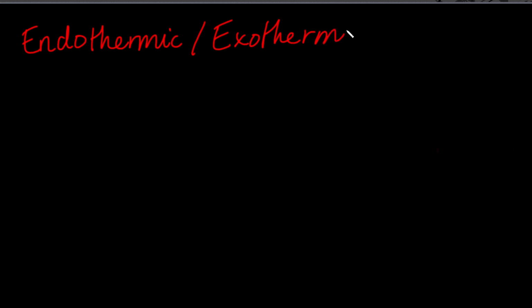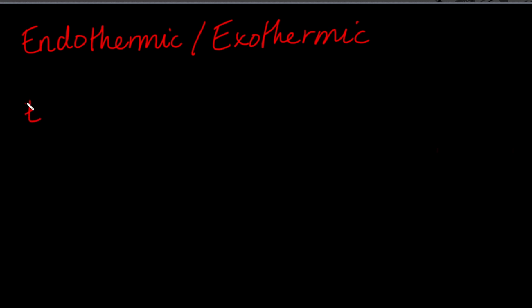Okay, so now that we've introduced enthalpy and the conservation of energy, we can now begin to discuss endothermic and exothermic reactions. So the first question that we're probably going to discuss is, well, what are endothermic and exothermic reactions? Well, the names themselves give us a hint on what they entail.